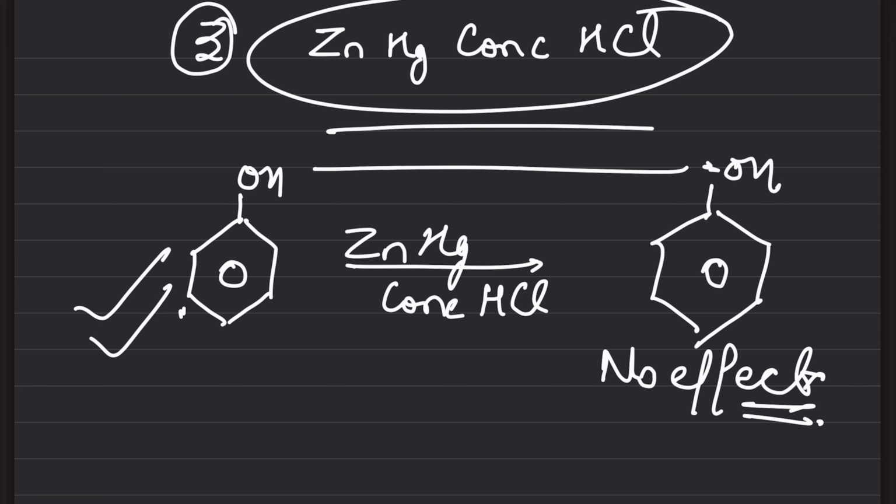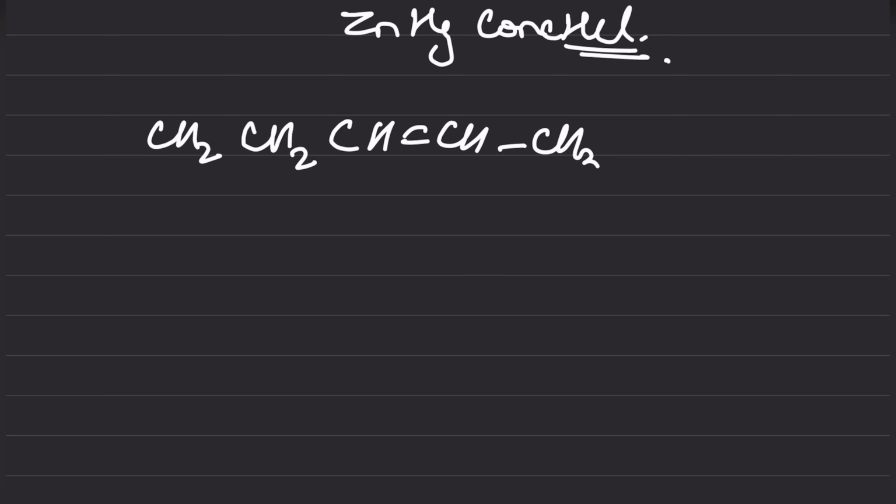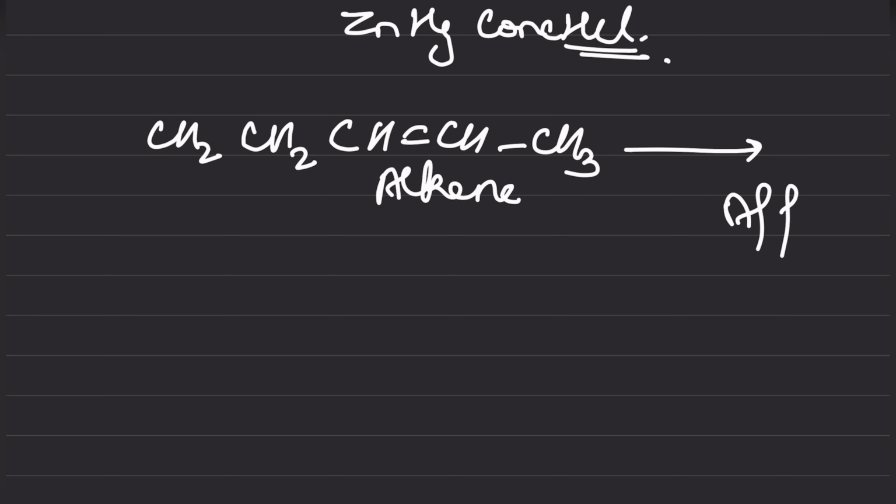So these are some of the important points which we have to remember. If there is an alkene, suppose CH3 CH2 CH double bond CH CH3, then the alkene is affected by this Zn-Hg concentrated HCl.